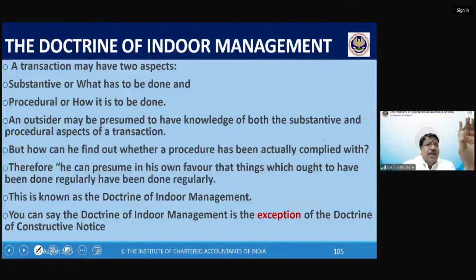Wherever something is stated has to be done, the outsider is presumed to have knowledge of the substantive and procedural aspects. Substantively, he has to see whether it is within the scope of the memorandum. Procedurally, he should see whether all procedures are there. Then he has to ask, have you complied with all the procedures? That's all.